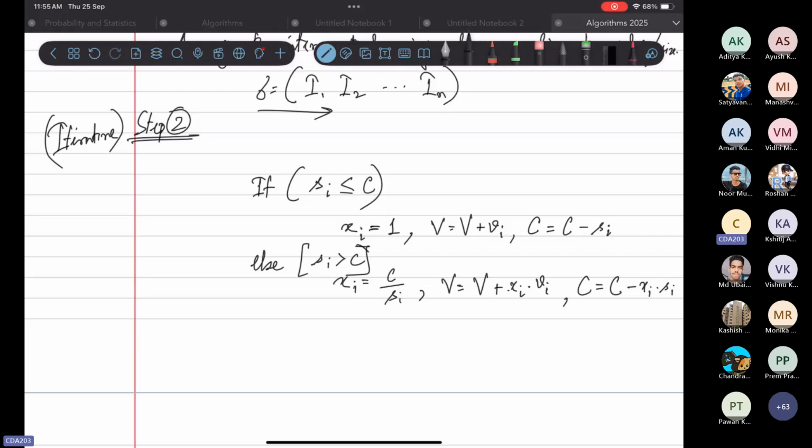Xi is, this is C minus xi is C by si into si, 0. Right? Then this C is always going to be 0. And then you don't have to repeat these things anymore. You understand this?